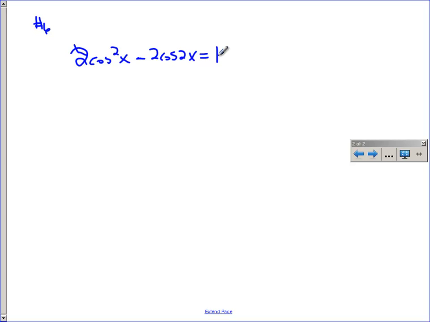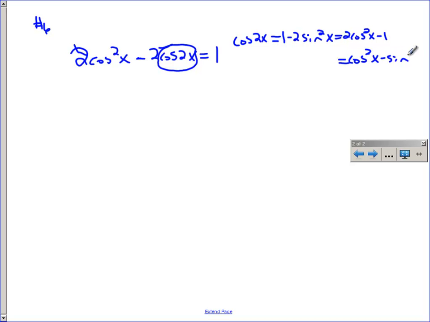Alright, what's the problem here? Angles don't match. So we need to substitute for cosine of 2x. On your formula chart, you have 3 choices. You can call it 1 minus 2 sine squared x, you can call it 2 cosine squared x minus 1, or you can call it cosine squared x minus sine squared x.